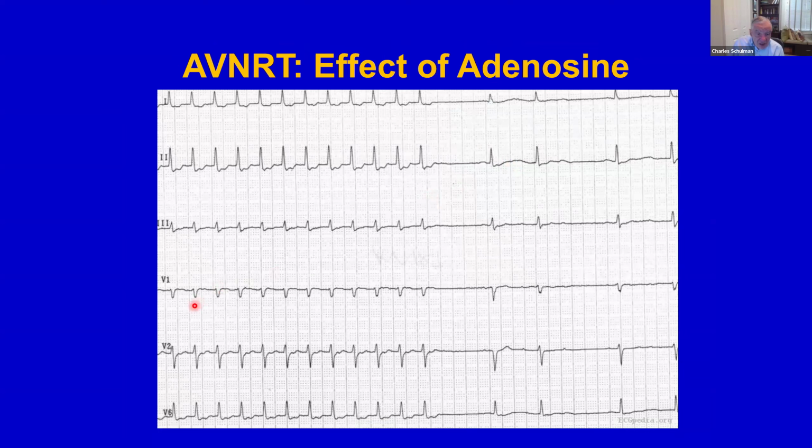So I think you can see, not very well. There it is right there. There it is there. Can't really see it there. But there's a pause, and then this is a sinus beat, and a couple of other beats. So this is the sinus rhythm, and this is AVNRT.